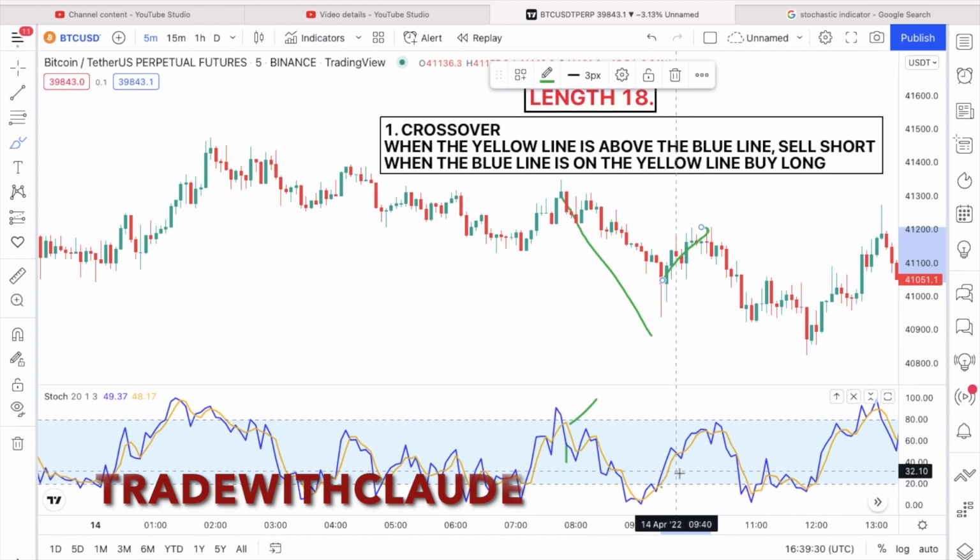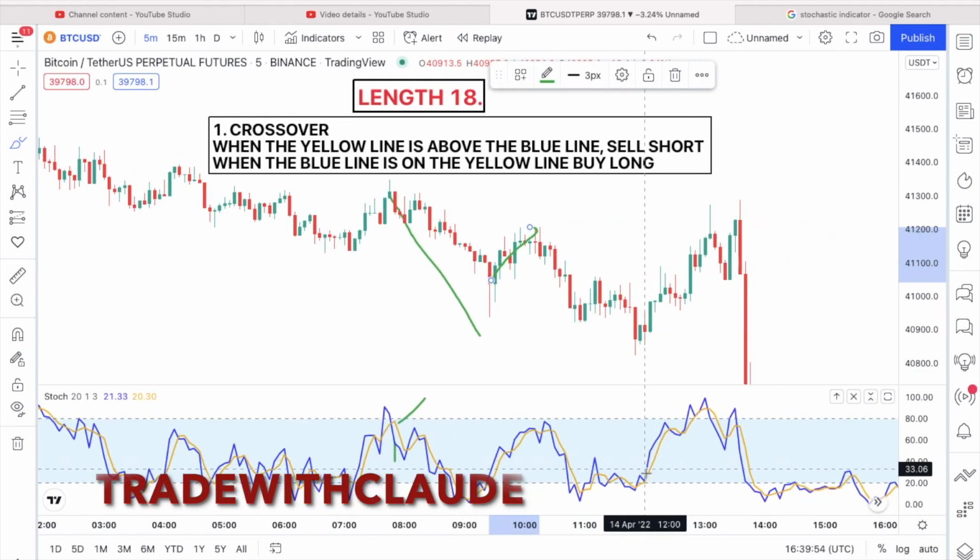Trading the stochastic is just like trading the dead cross and the golden cross in my moving average video. So looking at these crossovers, you understand that whenever you see the yellow line above the blue line, you sell short. Whenever the blue line is above, you buy long.